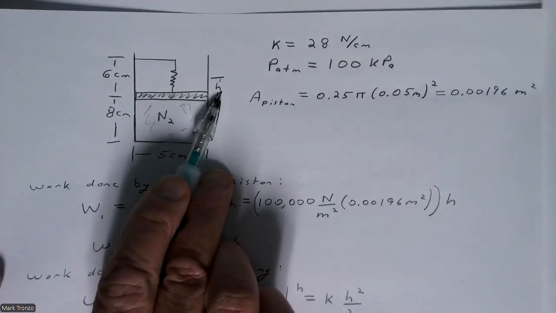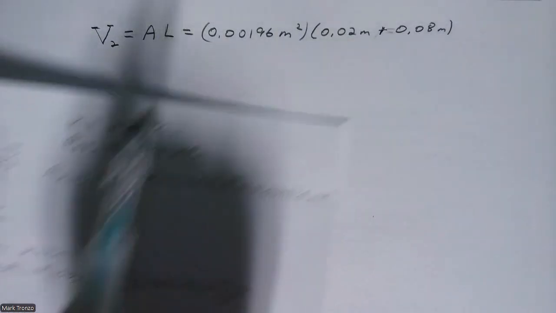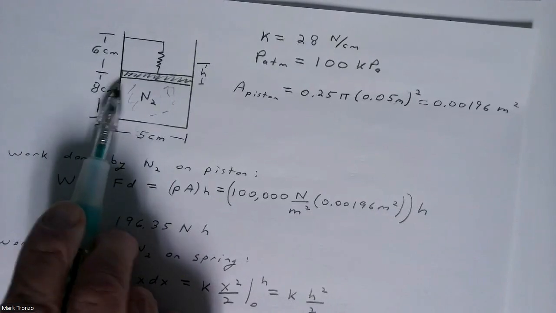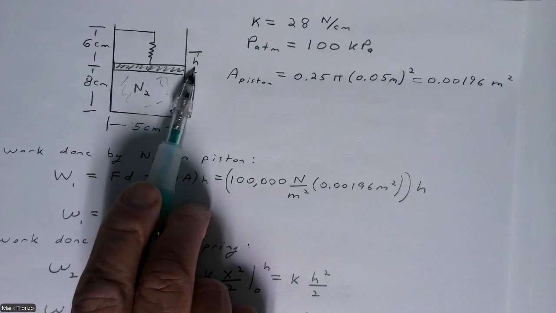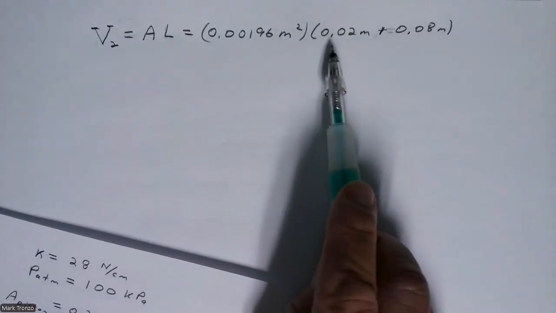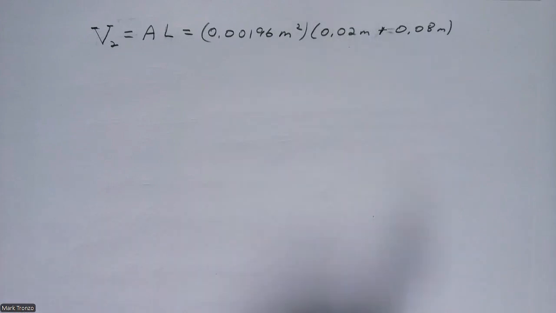Since I've called this H, I'm going to just call this total L. And L is just going to be the 8 centimeters plus the amount H was, that's 0.02 meters. So it'll be 0.02 meters plus 0.08 meters like this.